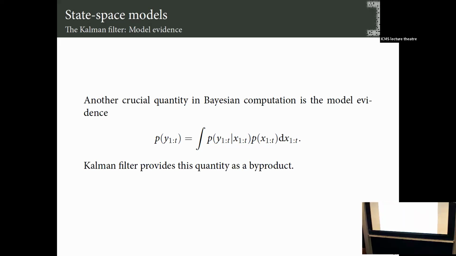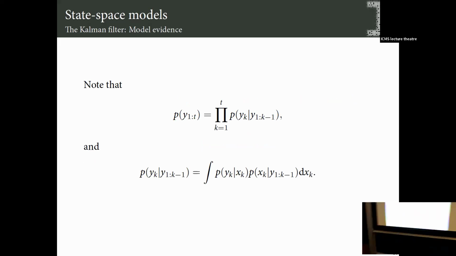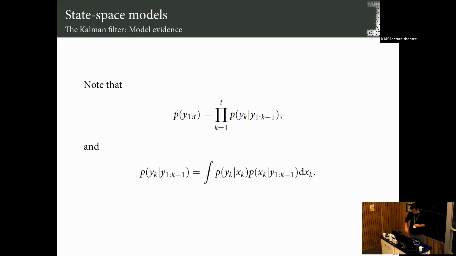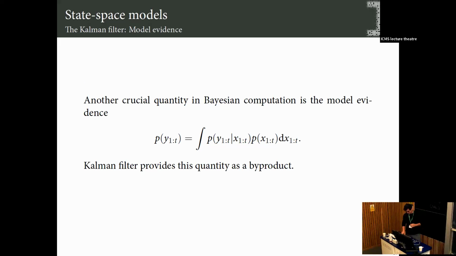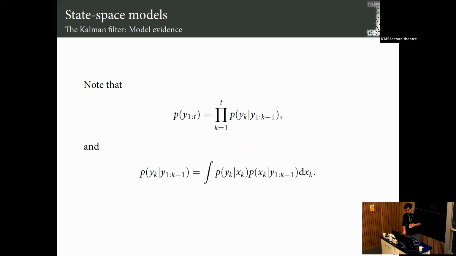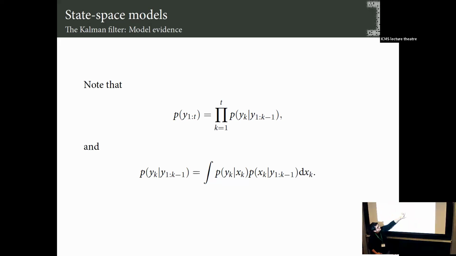The Kalman filter provides this quantity as a byproduct. How do you do that? You can do this sequentially as well, so you don't have to do batch processing to get your marginal likelihood. What you do is use this decomposition, which is true for any set of variables really, and in this case, for y's.